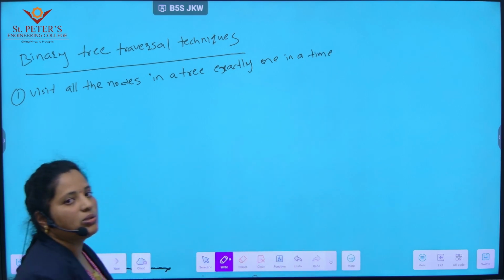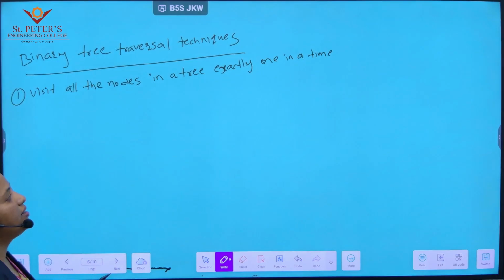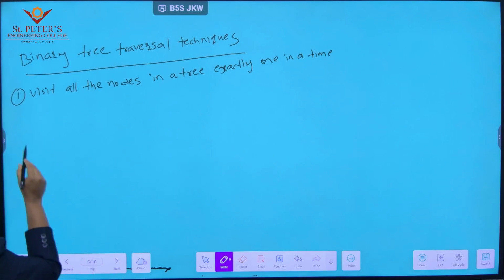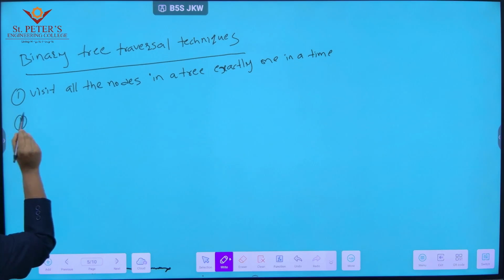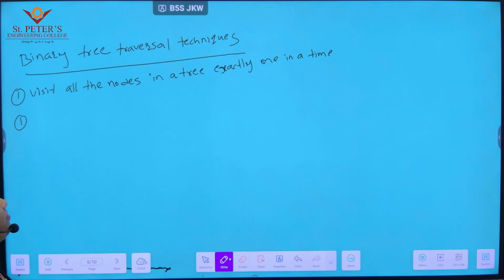Visit all the nodes in a tree exactly one time. So there are three types of binary tree traversal techniques.